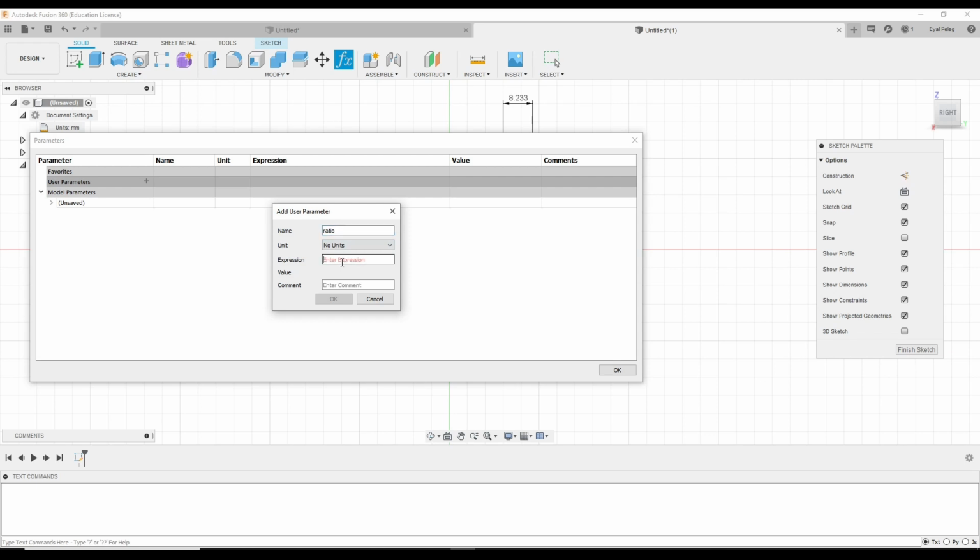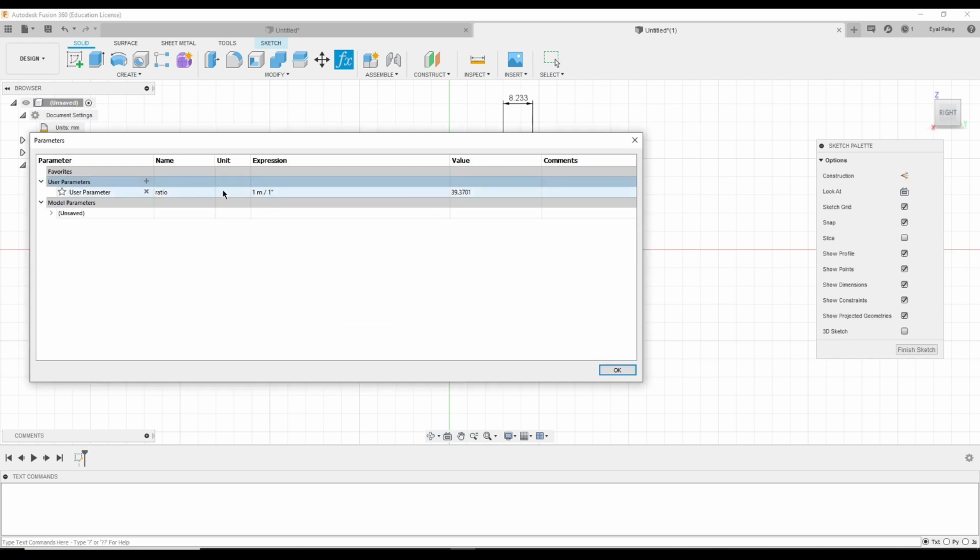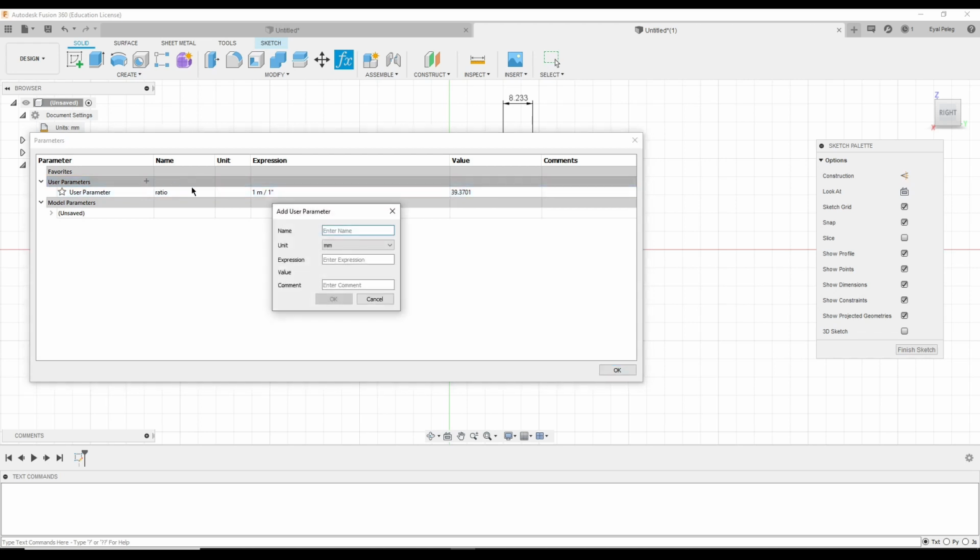So if we use the following expression, 1 meter divided by 1 inch, you can see that we already have a result. And this result, first of all, shows, as I said earlier, that you can divide different types of units of length, and we get a plain number that has no units in this example. Let's try another thing.